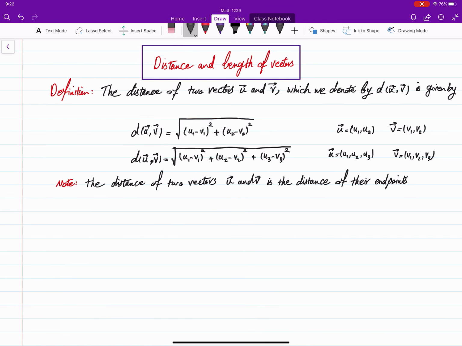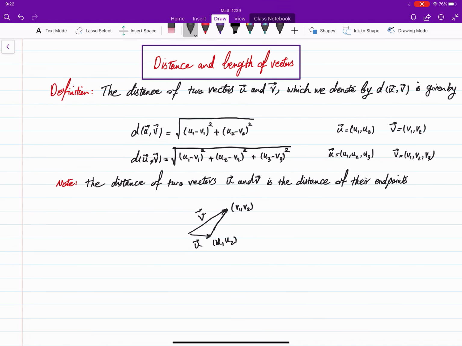What does that mean? It means that if you have vector v here, doesn't matter if it is in two-dimensional or three-dimensional, and u here, then the distance of u and v is basically the distance of these two points. So let's say we are in the two-dimensional case.